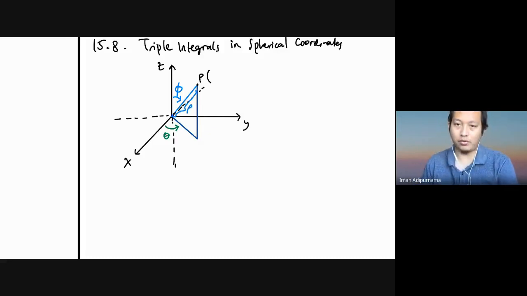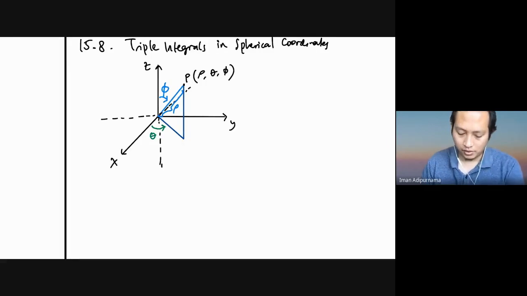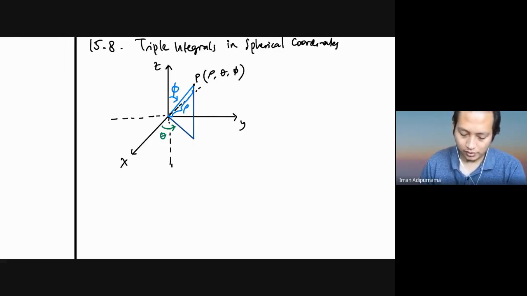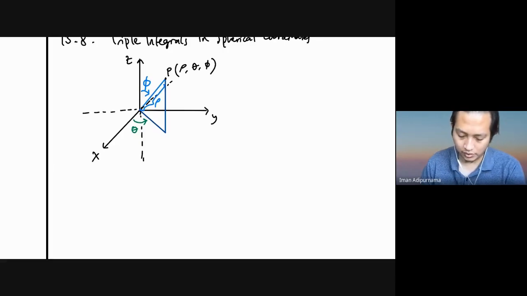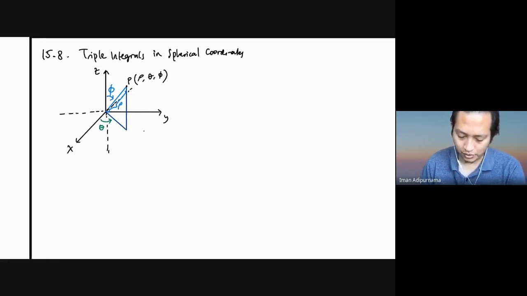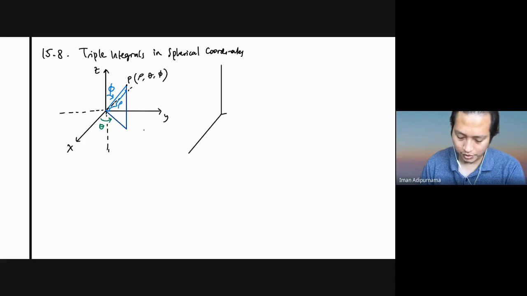It's called rho. And these are the coordinates rho, theta, and psi. So if you can imagine what this looks like, I will maybe draw another picture here.